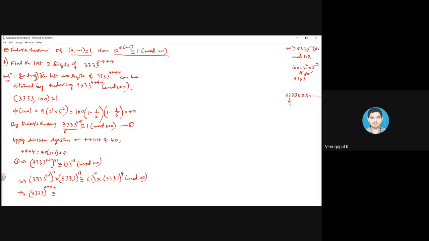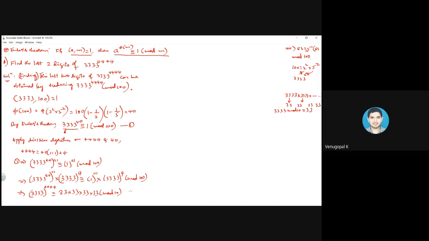Now each number, when we take mod 100, what do we get? 3333 mod 100 is equal to 33, right? So each time when we take mod 100, we'll get 33 for the third number, and the fourth number also 33. So we actually get 33 into 33 into 33 into 33 mod 100.